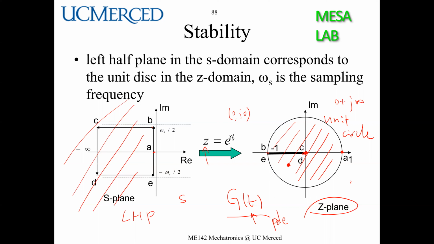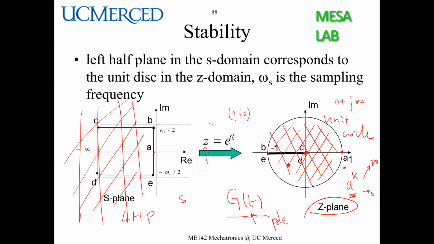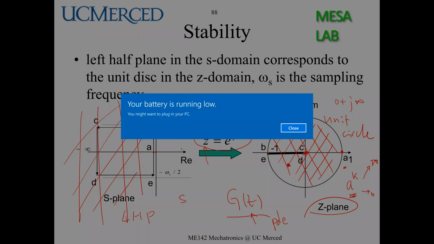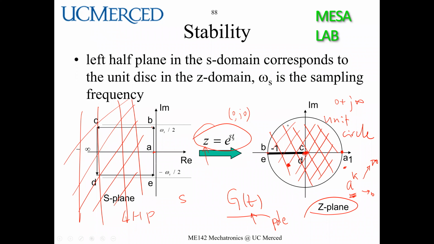Remember we have a lot of terms like a to the power of k. If a is less than 1, it converges to 0. If a is greater than 1, it will blow up to infinity. So the stability region here corresponds to the stability region in the S plane, per the conversion formula.